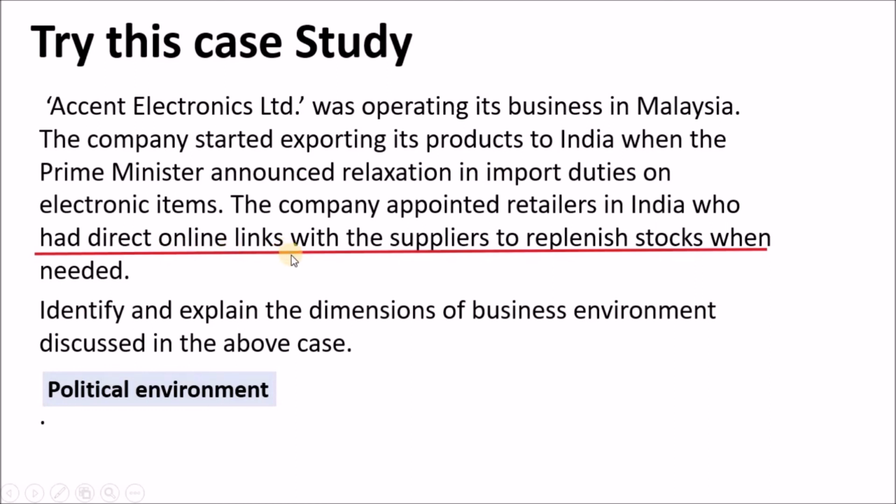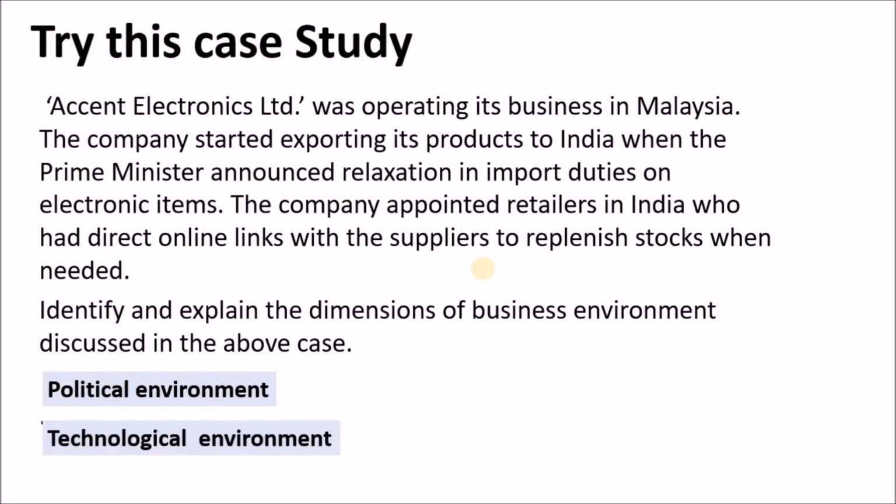So they have a link with suppliers, and whenever their stock finishes, they get an intimation through the direct online link, and as and when the stock is required, it is forwarded to them without any delay. So this is an indication of technological environment. So these are the two environments which are being identified here.